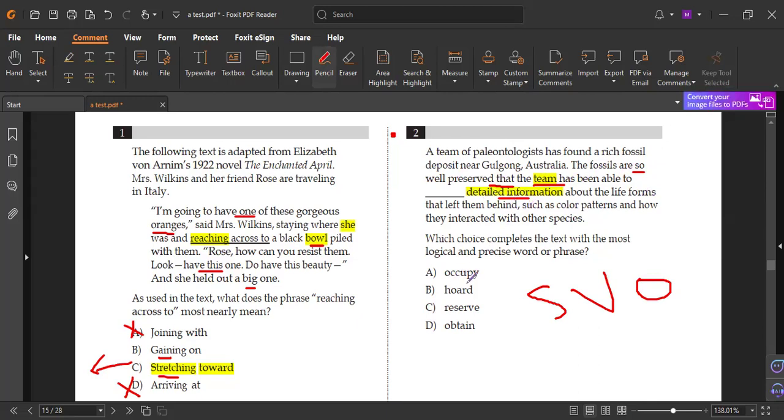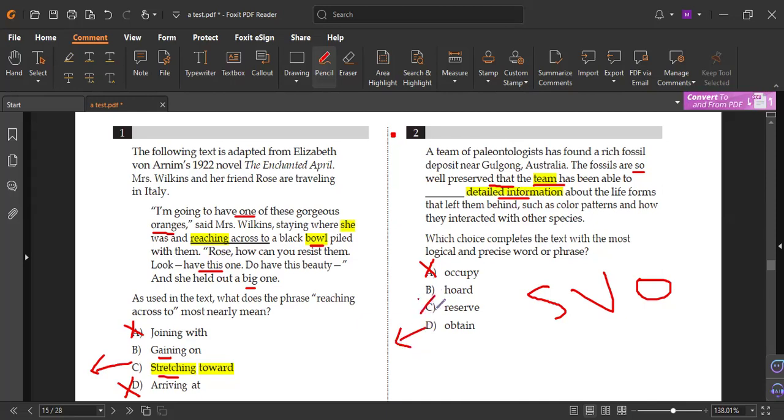Is it to occupy, to inhabit, to engage with the information? How? To hoard, collect and hide? But how to collect and hide the detailed information? They are going to obtain them, to get them, to understand. So they are going to collect information or get information, so obtain.